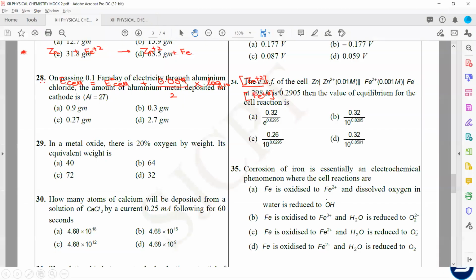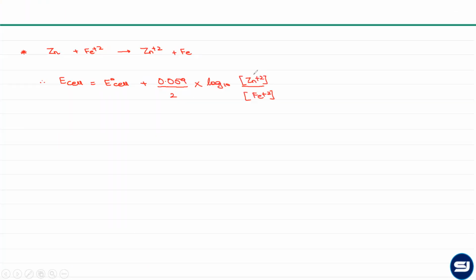Now the values which are given over here are 0.01 and 0.001. So when you substitute, this ratio will become equal to 10, and log 10 will become equal to 1.